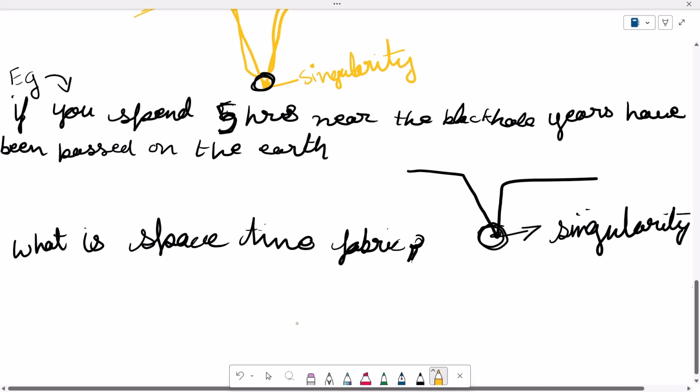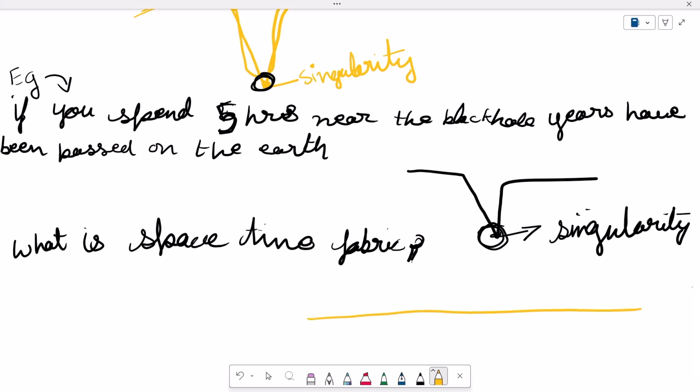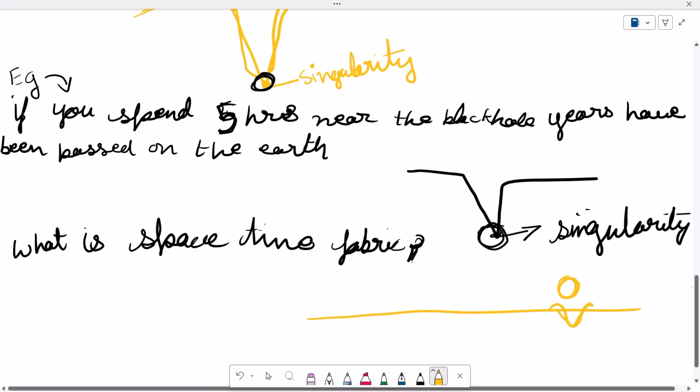Basically, Einstein imagined space like a cloth, and every object that has mass creates a curve in it. Even the Earth, the Sun, and the Moon create curves inside the space-time fabric.